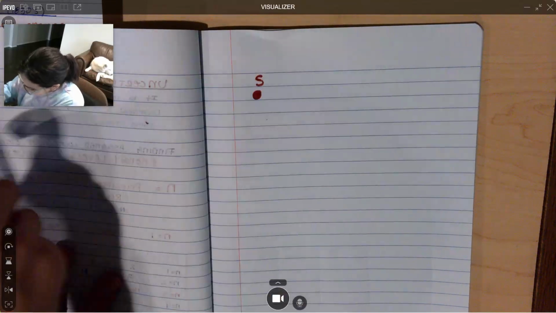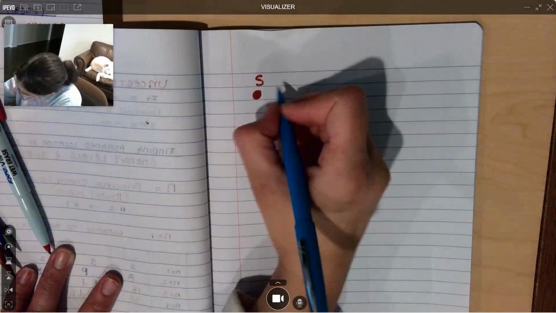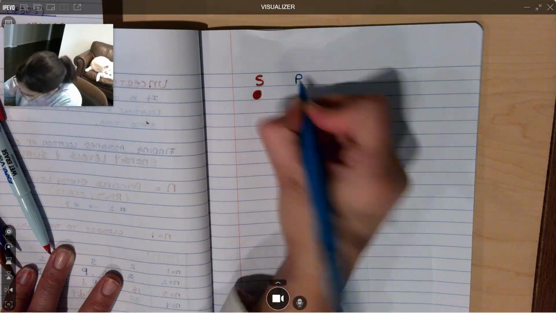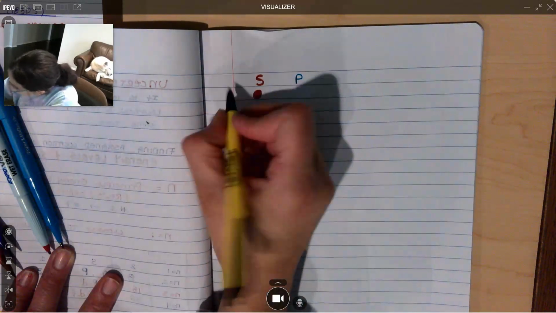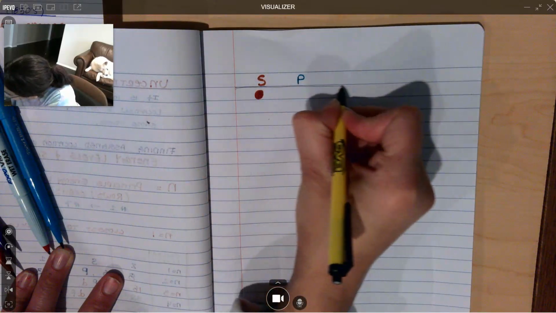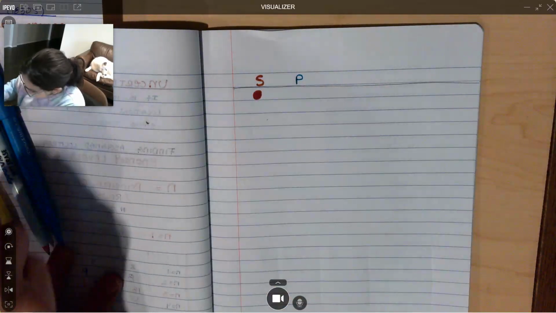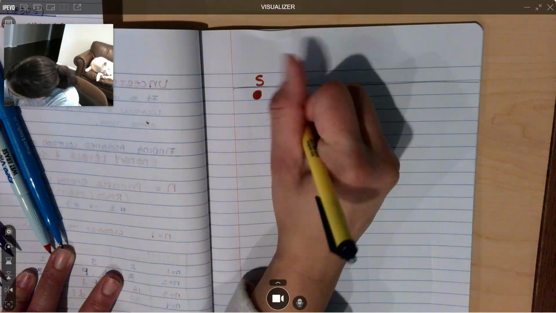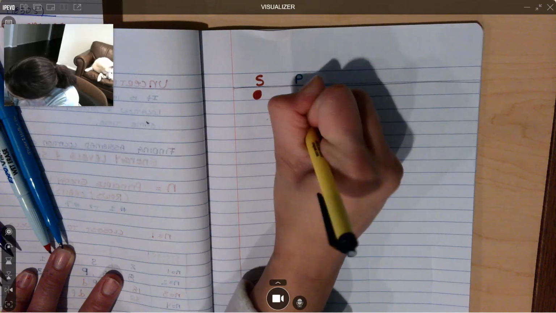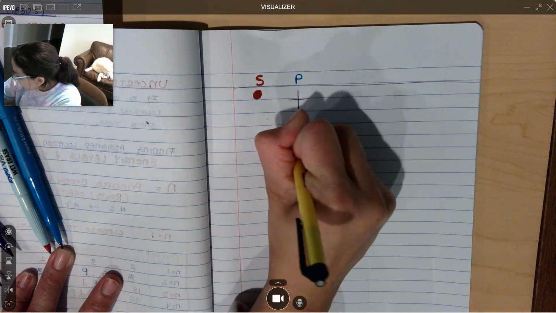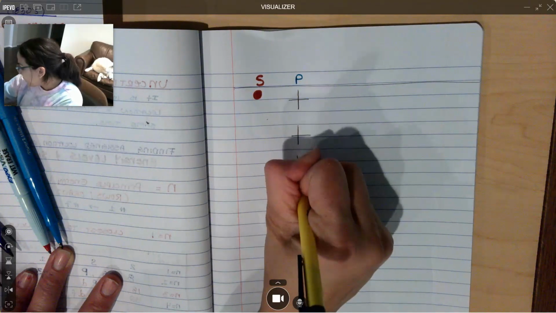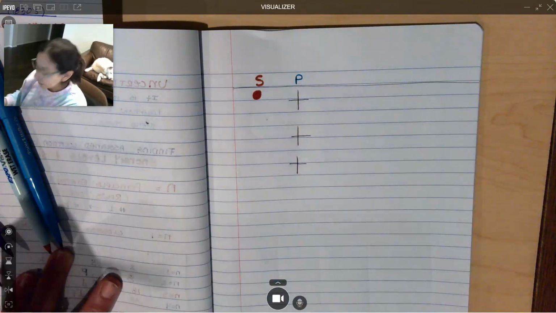The p orbital is represented by a couple of different shapes. Like this. And the best way to represent this is to show it in a little Cartesian graph. We said it has 3 orbitals, so I'm going to draw 3 little graphs right here.